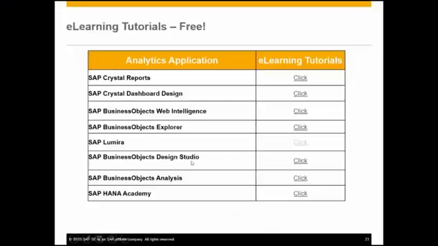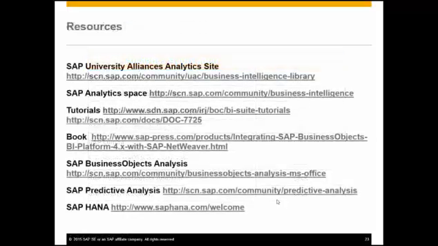Same thing with Business Objects Design Studio. We don't get into this tool here, but if you want to learn more in the future, you can do so. Business Objects Analysis, similarly, so they have tutorials for all their tools on their website. Okay, additional resources for your self-study in the future.